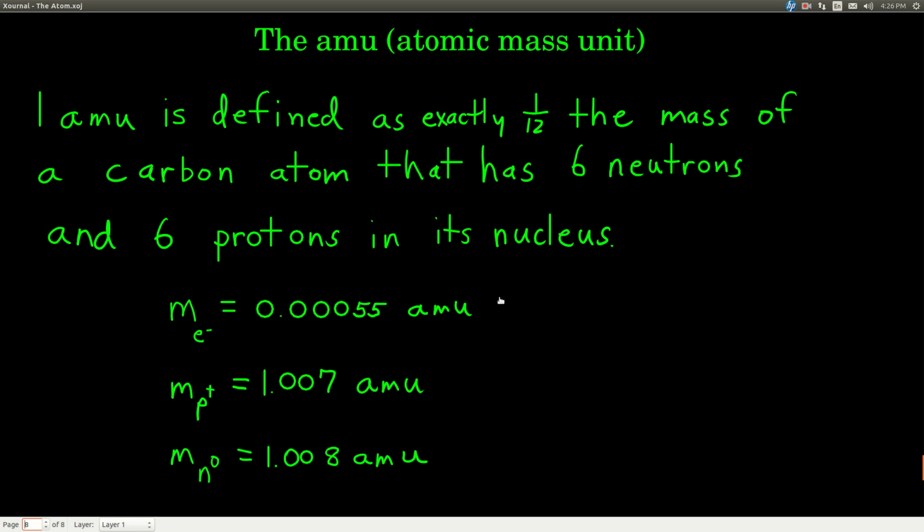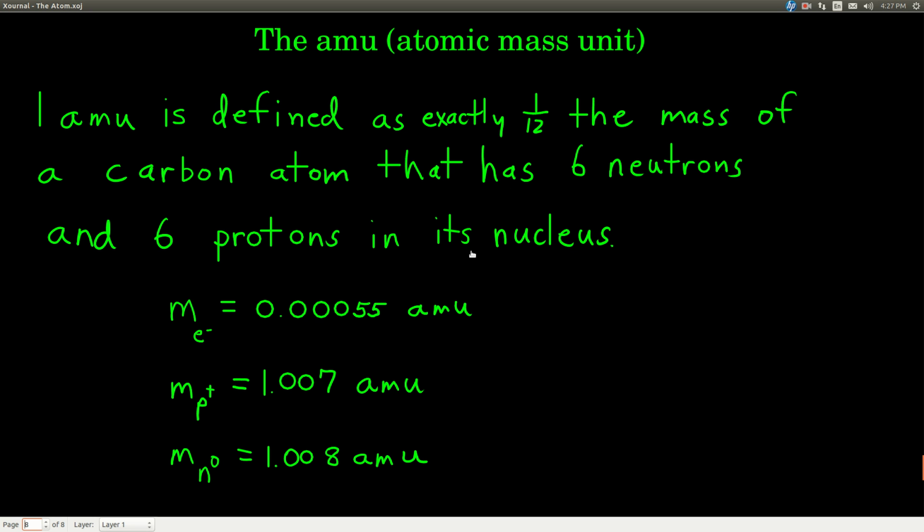Now, we use a unit of mass called the atomic mass unit, or AMU. Because these numbers are so small, it's just convenient to have a different unit of mass, rather than the gram or the pound. Now we're going to have an AMU. One AMU is defined as being exactly 1/12 the mass of a carbon atom that has 6 neutrons and 6 protons in its nucleus.